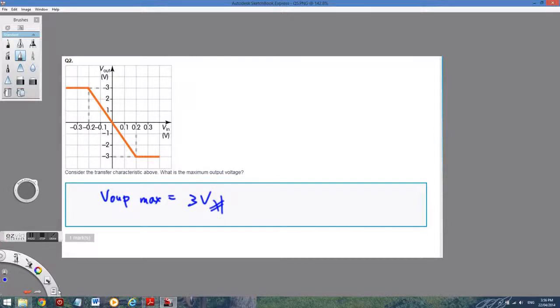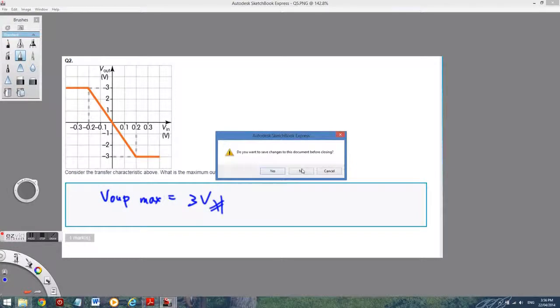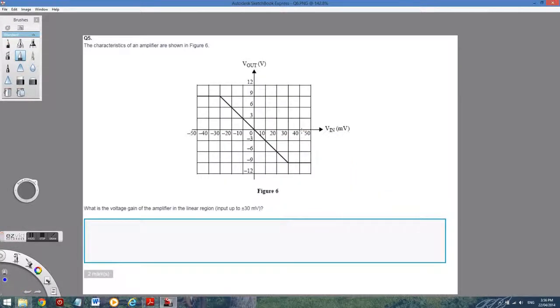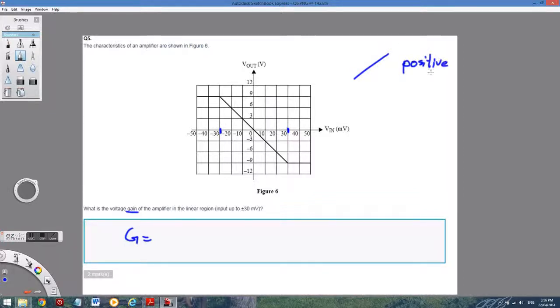Now let's look at the last question. We have an amplifier, and we need to find the voltage gain for this region. The gain is going to be the gradient. Just remember, when it's going up, the gradient is positive, as we learned in math, and when it goes down, it's negative.